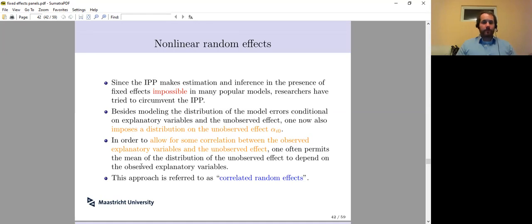You circumvent the incidental parameters problem by explicitly modeling the distribution of the unobserved effect. And you should not only do that, you should actually allow for correlation between the alpha and the observed x. Thus, what people normally do is a so-called correlated random effects approach. Now, what is that?